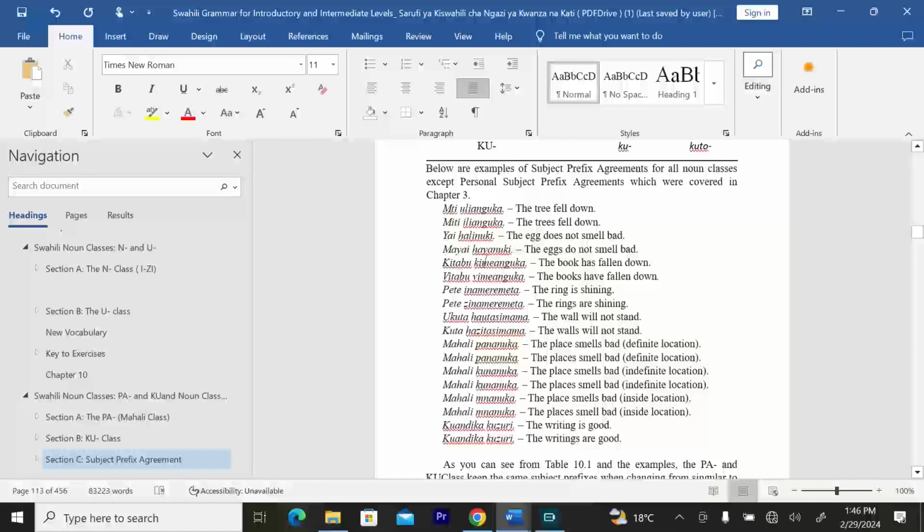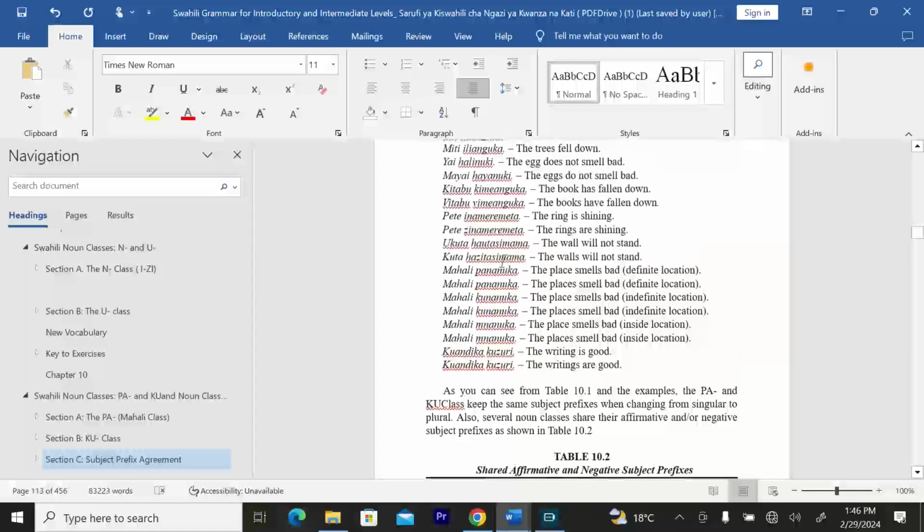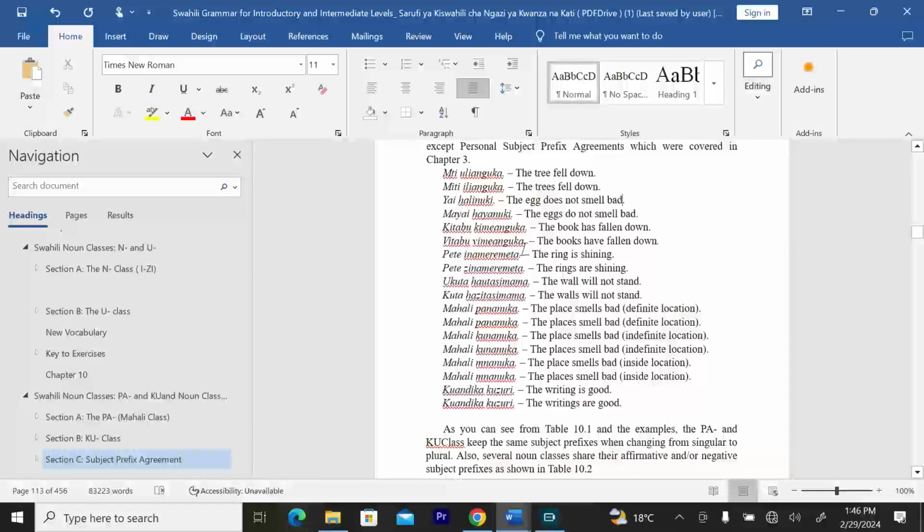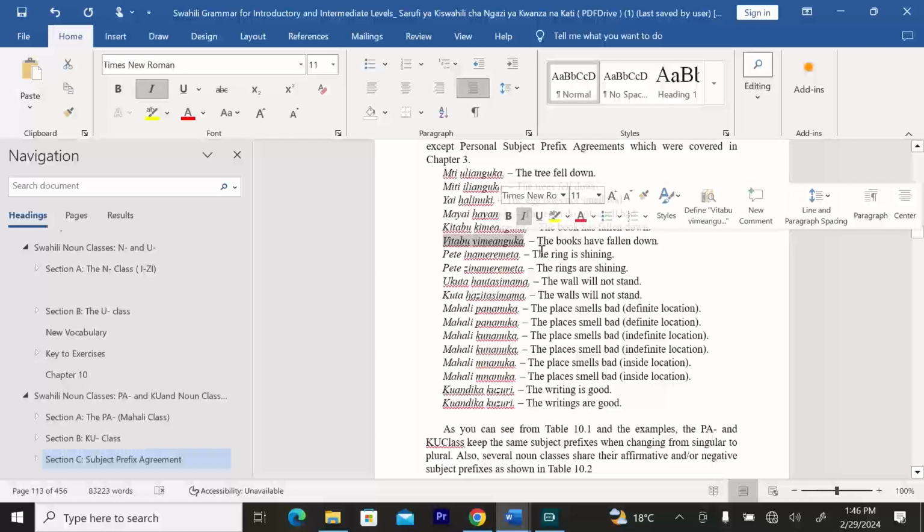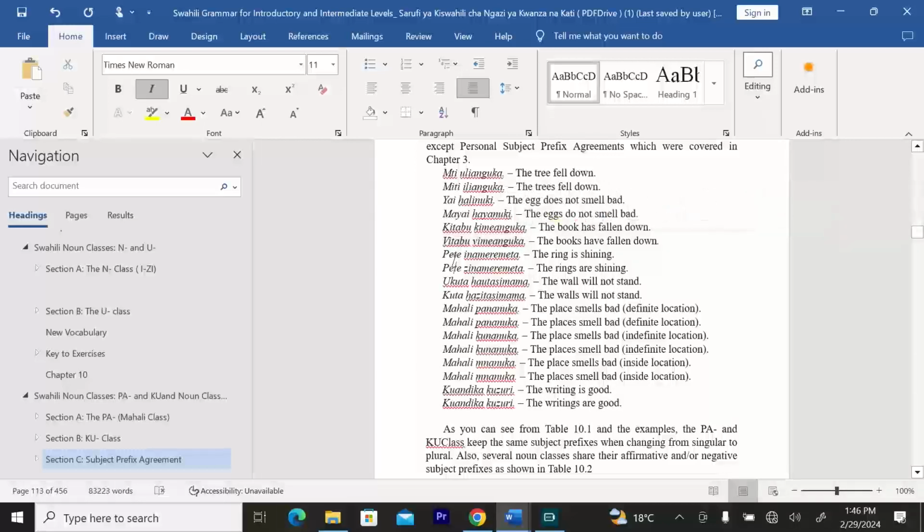The next is kitabu kimeanguka, which means the book has fallen down. In plural is vitabu vimeanguka, which means the books have fallen down. The next one is pete inameremeta, which means the ring is shining.